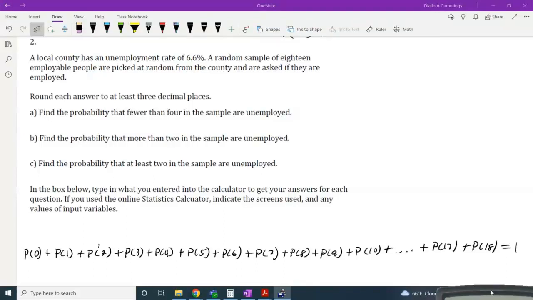A says find the probability that fewer than 4 people in the sample are unemployed. B says find the probability that more than 2 people in the sample are unemployed. C says find the probability that at least 2 people in the sample are unemployed. So this is a 3-part question: A, B, and C.